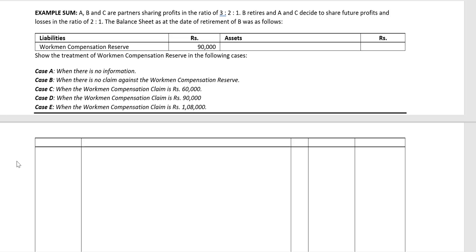We will begin with the case A. Journal, date, particulars, LF number, debit rupees and credit rupees.